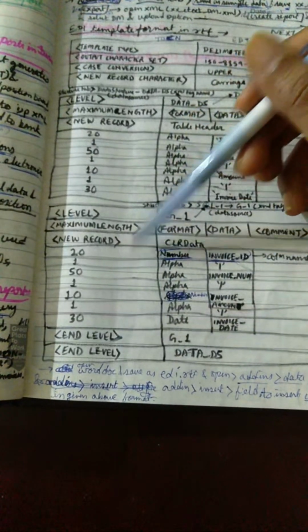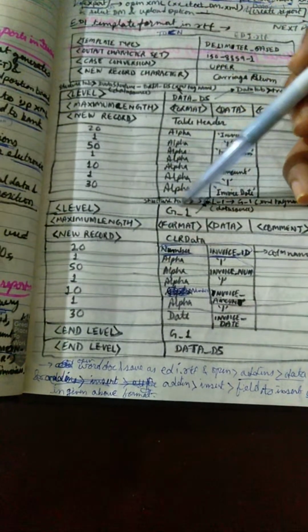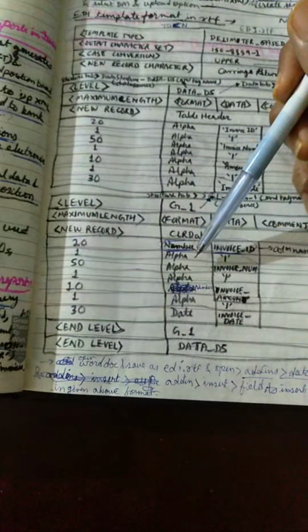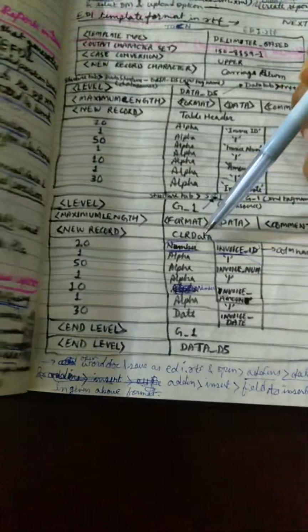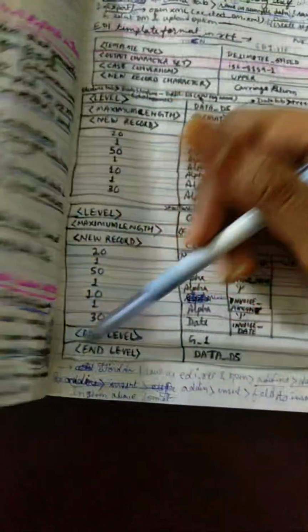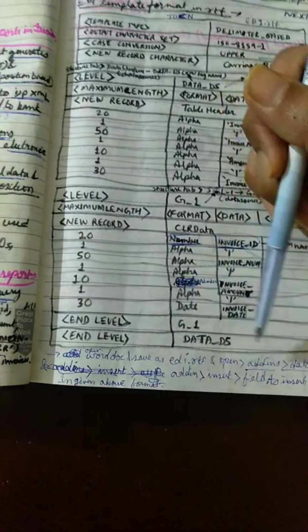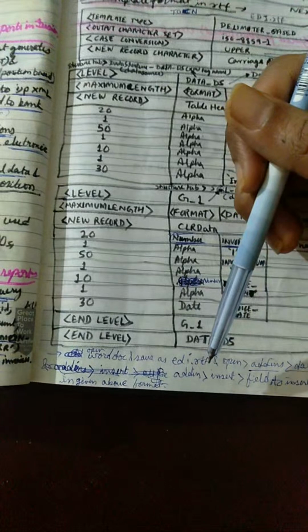so after this, first of all I'm closing this one. Let's say if you have multiple groups or subgroups, then you have to close the innermost group first. End level you should write like, if I have 7 groups, you should write end level G7 first, then G6, then G5, that kind of thing.